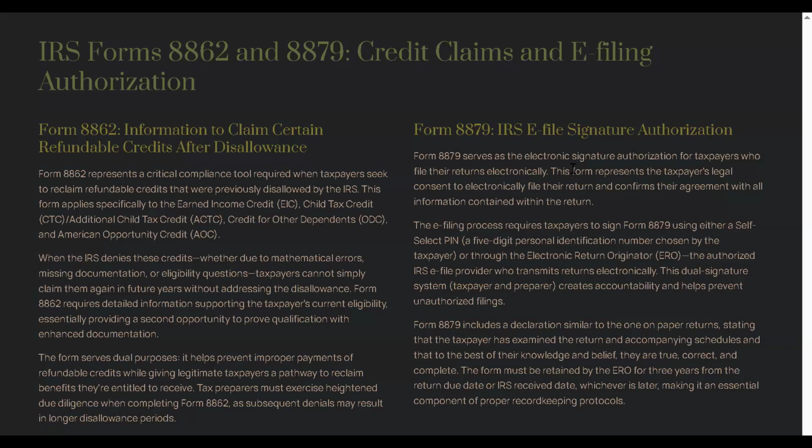If that happens, the following year, this form has to be completed where basically they let the IRS know, yes, this happened to me, but now I'm legit and I want to be given back the right to claim this credit. The best thing about this, you should ask. Some clients won't know or might not understand the terminology you're asking them.